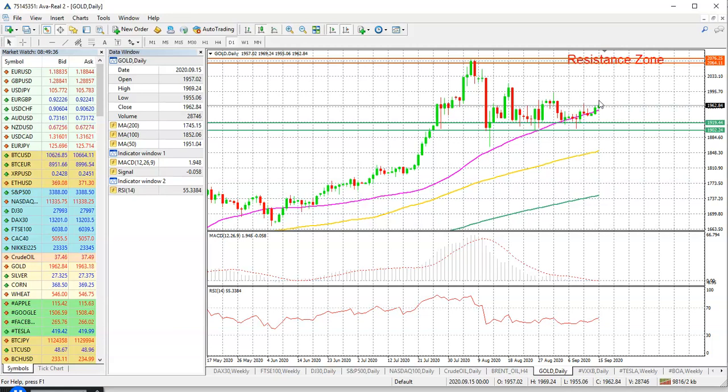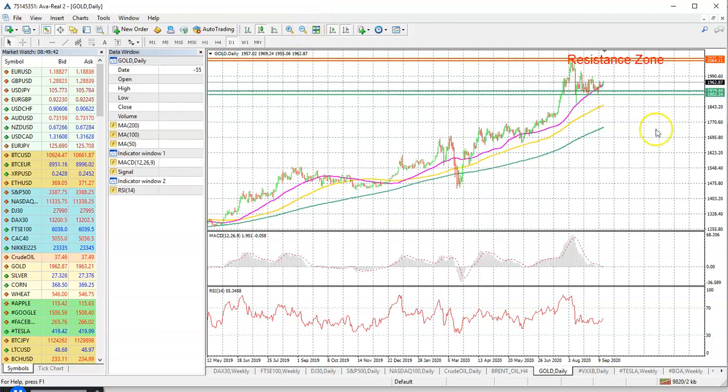Now the question is, where do we go from here? When we look at the price action on a daily time frame, the price is trading above all the important moving averages. As long as the price stays above these important moving averages, the chances are that this trend will continue to the upside. Since over here, when the price crossed above the 100 and the 200-day moving average, we have been trading to the upside.